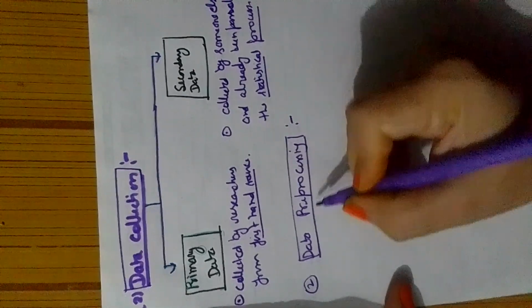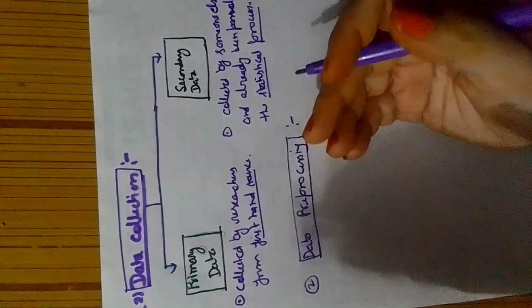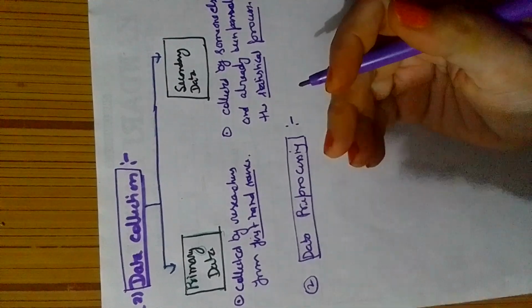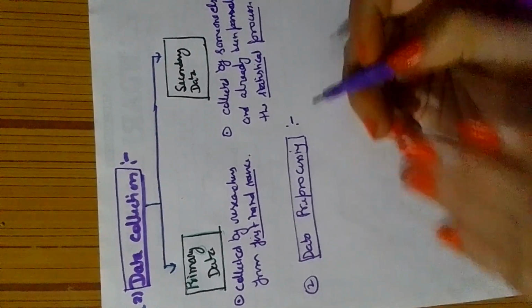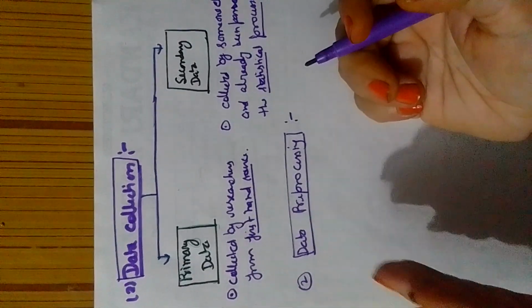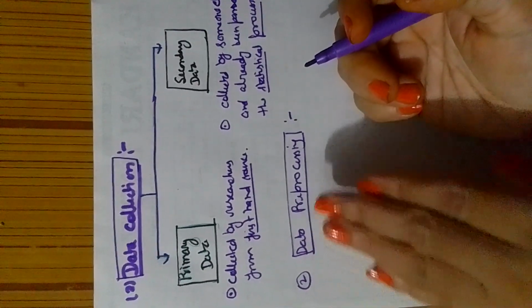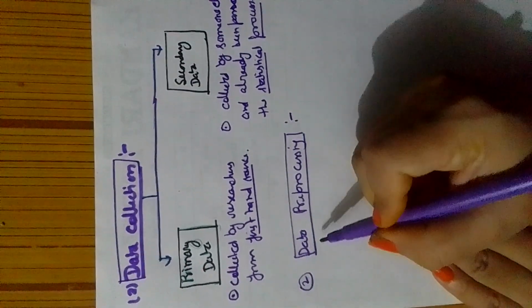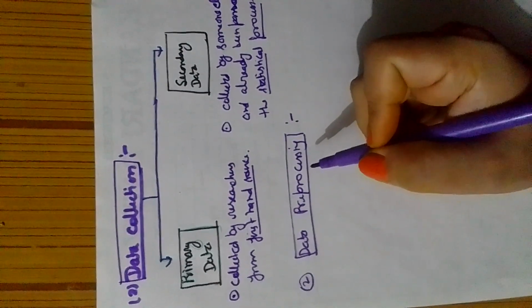Pre means what? Pre and post, you remember. Pre means before processing, that is called pre-processing. What are the steps before processing data? That is called data pre-processing in a nutshell.